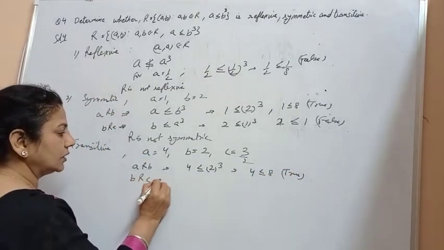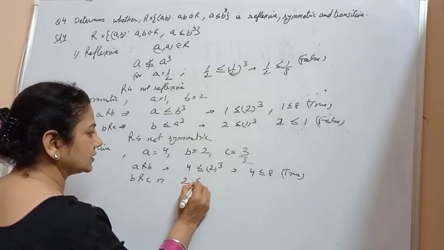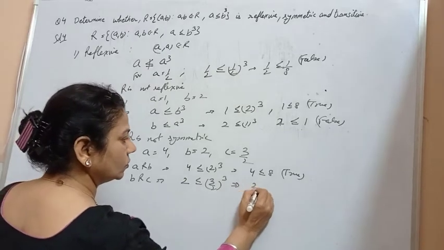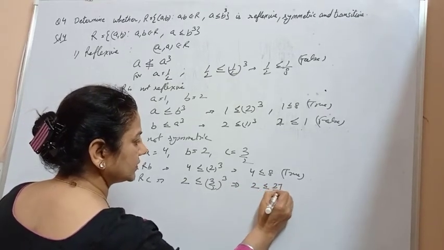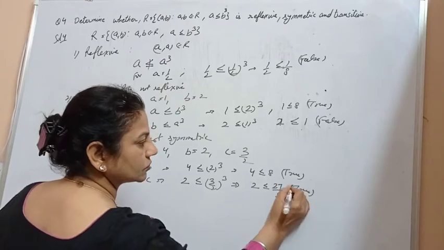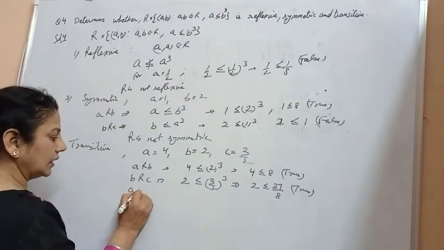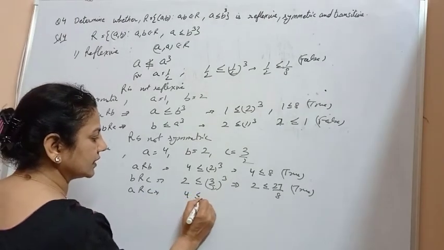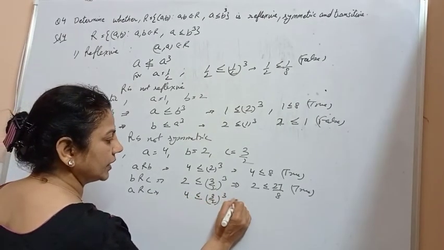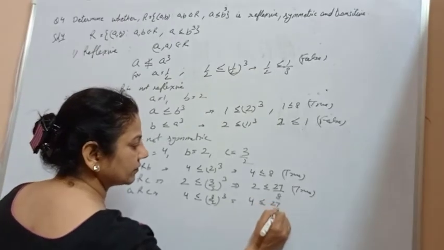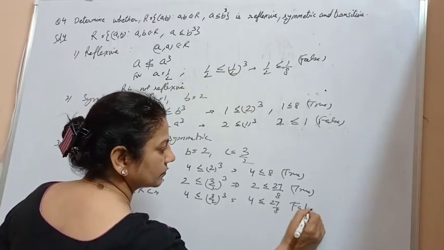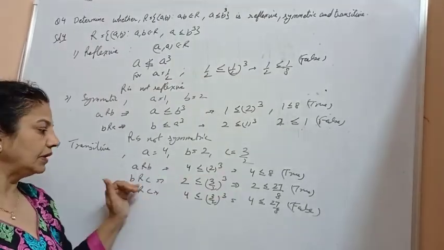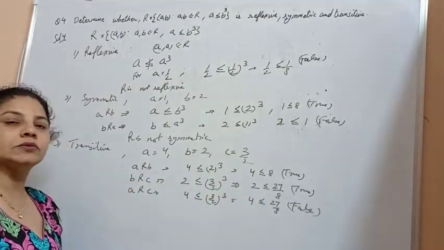B related to C implies 2 is less than or equal to (3 by 2) cube, that means 2 is less than or equal to 27 by 8. This is also true. But A related to C means 4 is less than or equal to (3 by 2) cube, that means 4 is less than or equal to 27 by 8. This is false. So we observe that A related to B is true, B related to C is also true, but A related to C is not true.